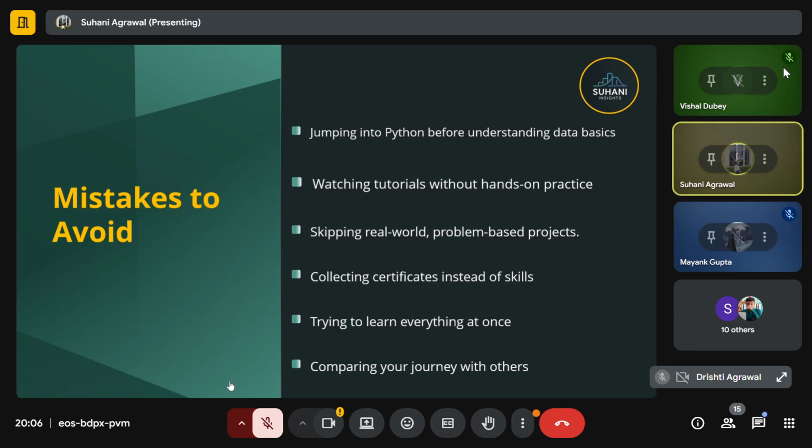Then next was how to crack the interviews, or any other tools which we should know before going to interviews. For me, just like I said, your skills must be refined. You must know how to solve the problem. Tools, you can do the same thing with any tool. Either it can be SQL, Excel, Power BI, Tableau, Python, or many other tools.